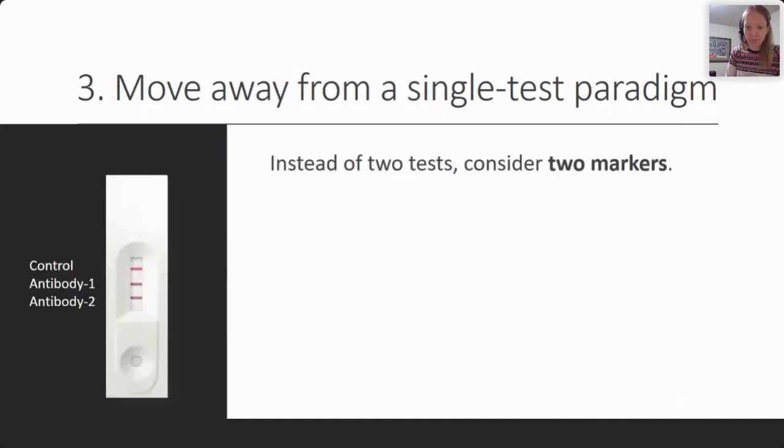alone. Now, alternatively, instead of 2 tests, one could consider 2 markers. So for example, a diagnostic that measures 2 different antibodies for the same disease. This is akin to parallel testing. And the detection of 2 or more markers for a single disease on one test gives the user options for how they interpret the results.